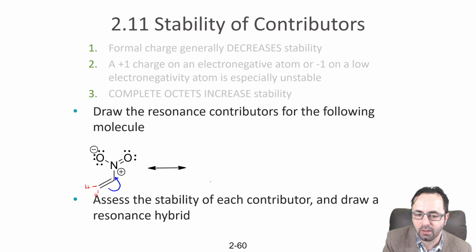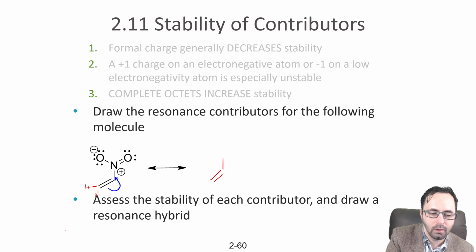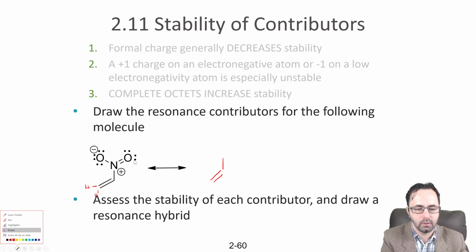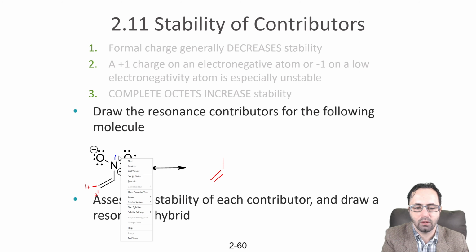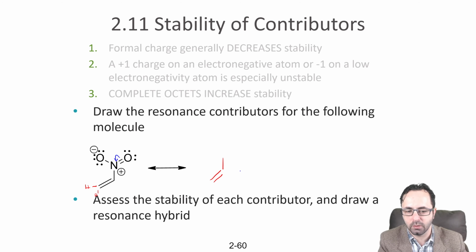So we're using the third tip that they gave you, the third pattern to recognize. What I'm going to do instead is erase this arrow and put a different arrow. This arrow is going to be the pi bond attached to an atom with a positive formal charge. And so we can do that.